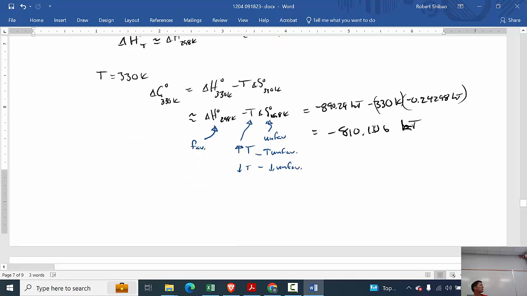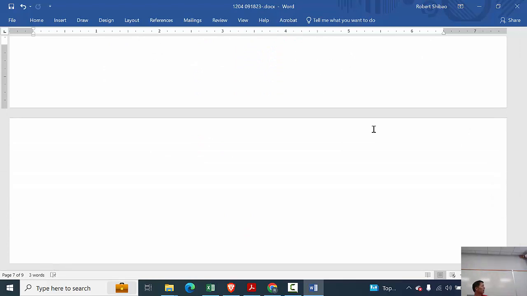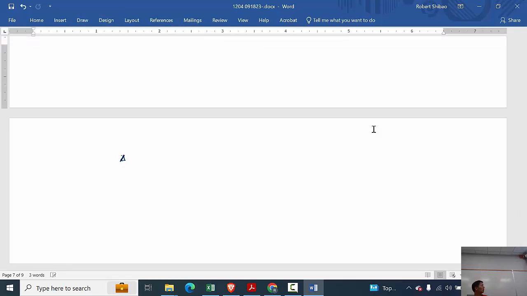And so we could do this quite simply here. In general, delta G is equal to delta H minus T delta S. Let's look at some scenarios. If delta H is negative and delta S is positive, then this is always favorable.